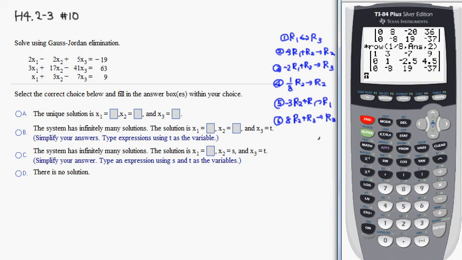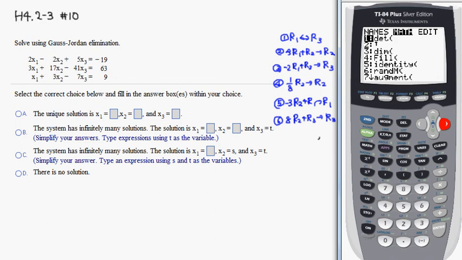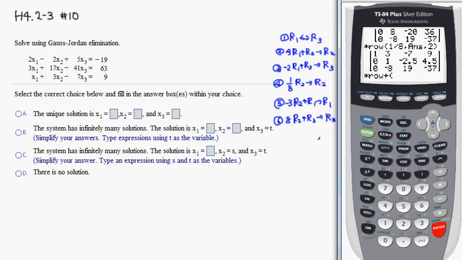So go to matrix. All right, math. Then you have multiply and add. We multiply by -3, previous matrix, and we're going to multiply the second row and add it to the first row. Now we get a 0 there.